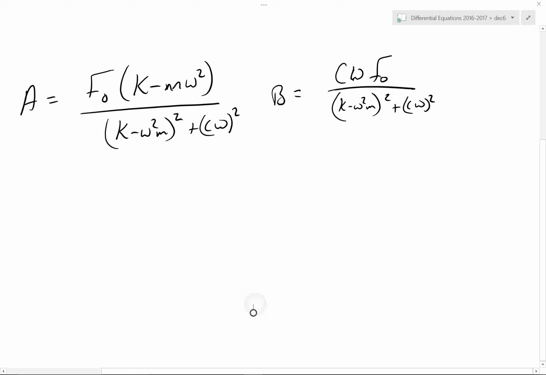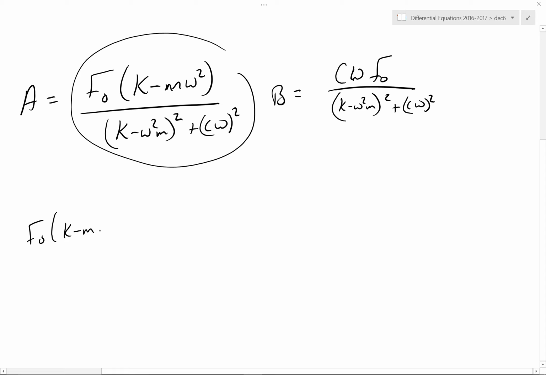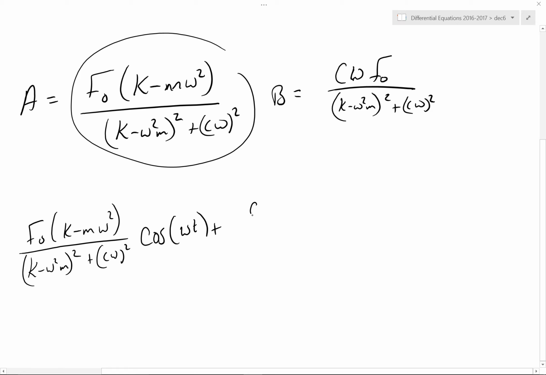So what this means is you're going to have this fella here, F naught times (k minus m omega squared), over this guy here, times the cosine of omega t, plus this mess.